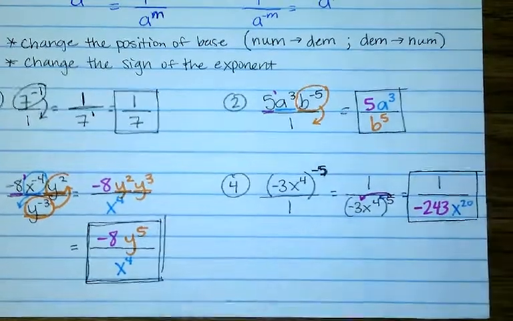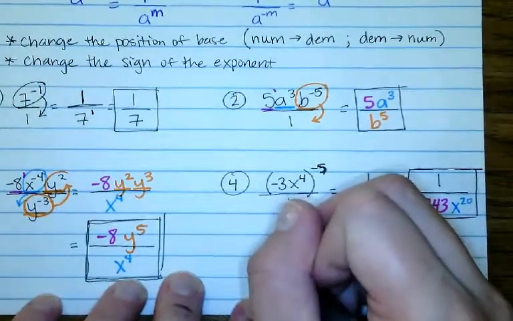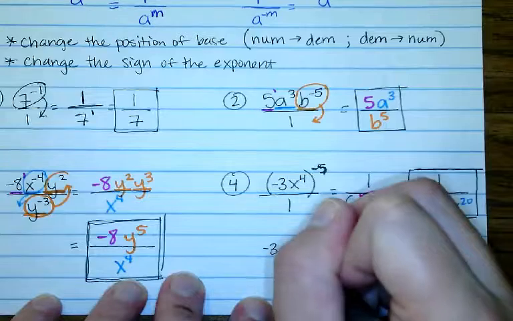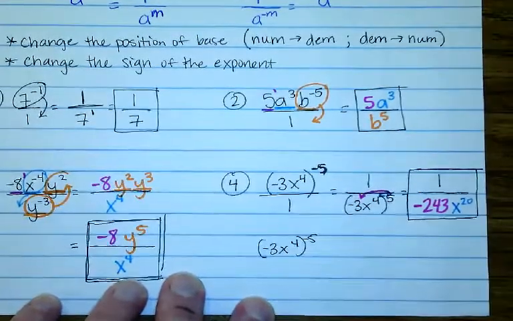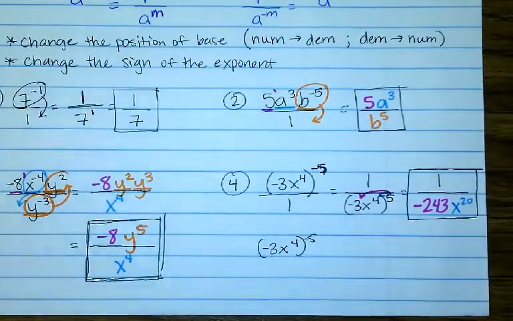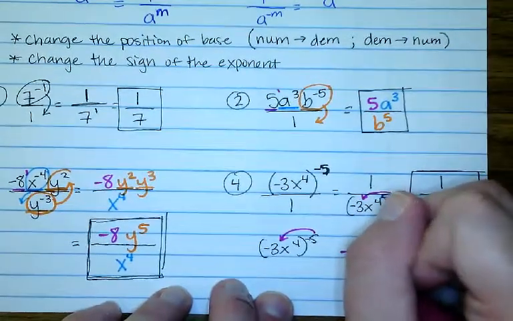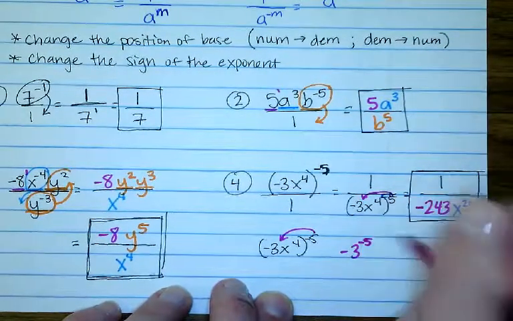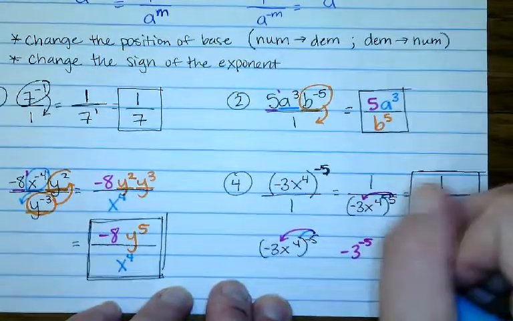Cool? Now, we also could have multiplied it in at the very beginning, where if we had negative 3x to the 4th raised to the negative 5th, you could have just multiplied that in and gotten negative 3 to the negative 5th power times x to the negative 20th power.